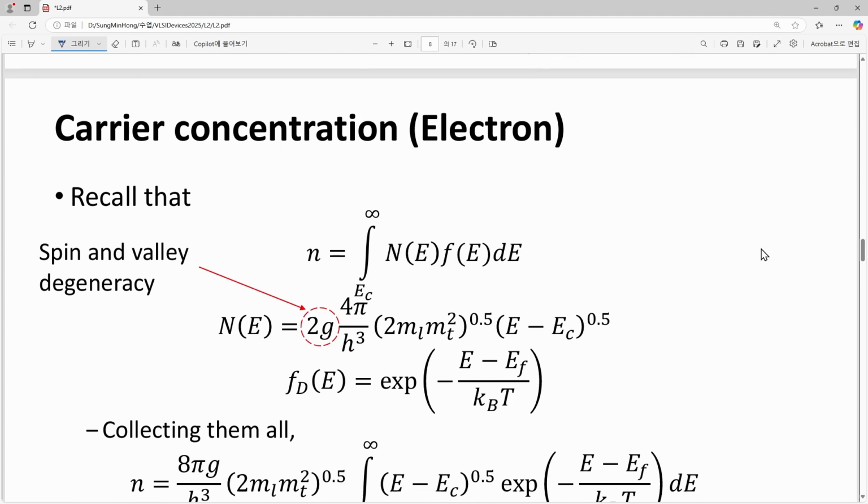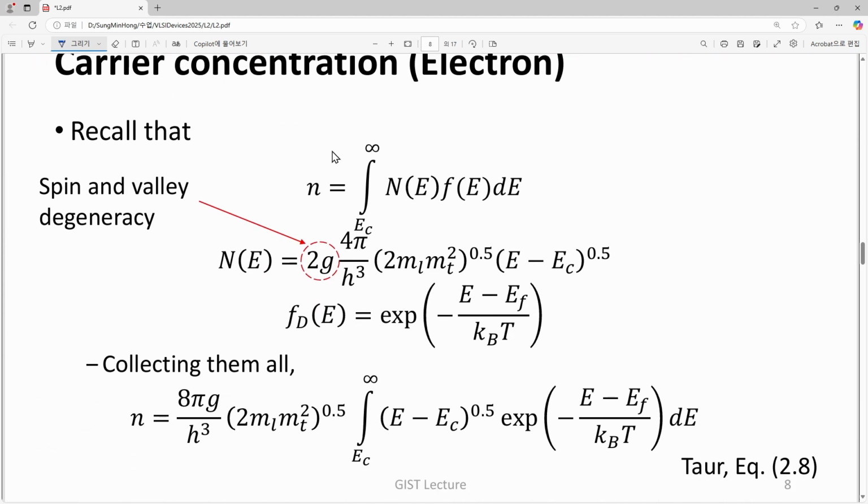Then, this is the expression for our electron density calculation. Of course, we have to restrict our energy integration to the valid range of our approximation. Considering the lower energy level doesn't make any sense because the density of states vanishes in that energy range.